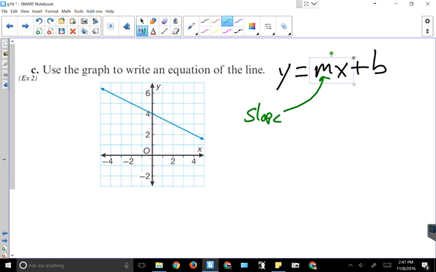Jason, what's slope? Okay, so we got the points. Can you give me a point to work with? Let's see. Could this be a point right here? Okay. And that point would be, say, 0, 4.